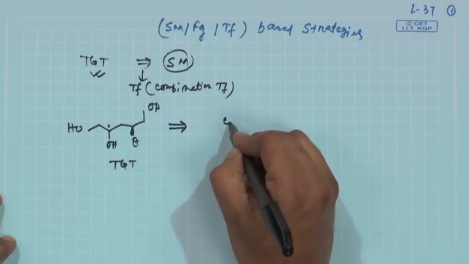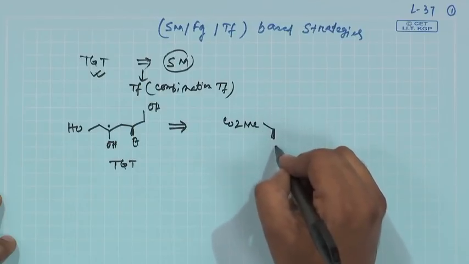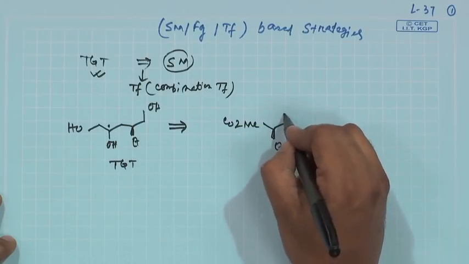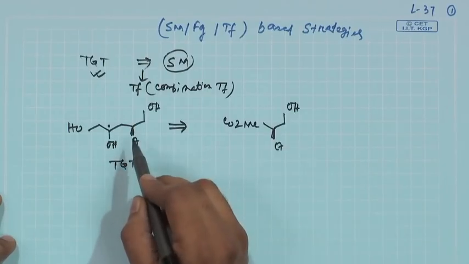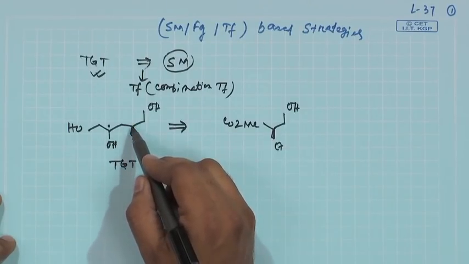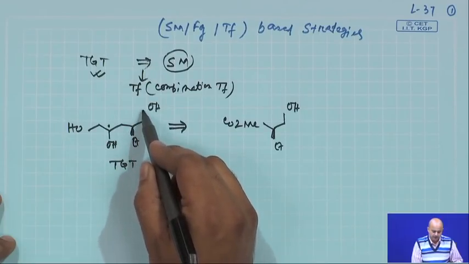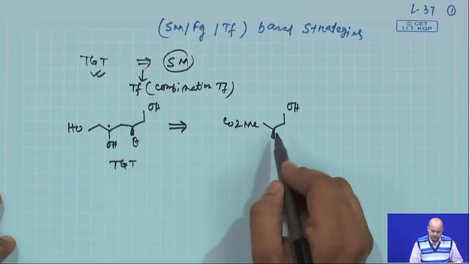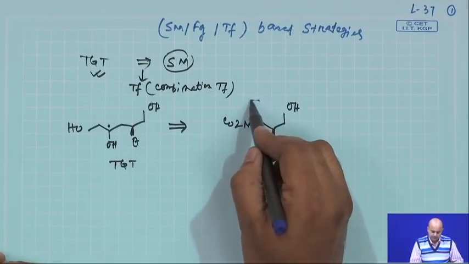The starting material which was given to you has this structure. Now, see this target molecule having a stereochemically pure ethyl appendage at this carbon as well as having a hydroxymethyl group here. The starting material also has the same structure.